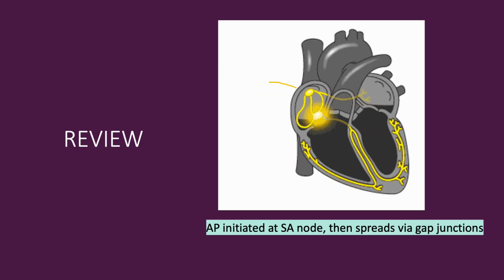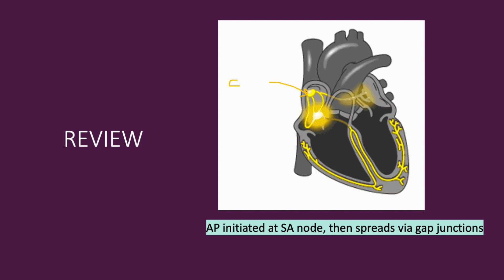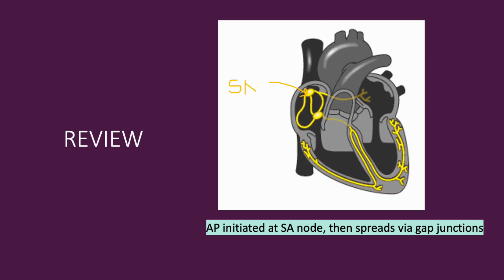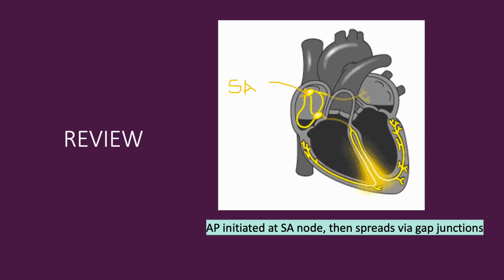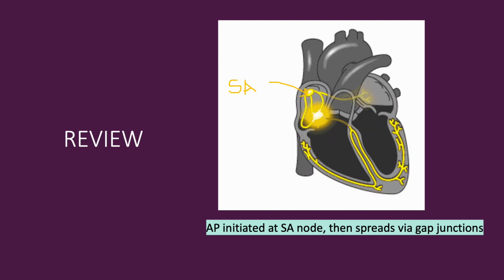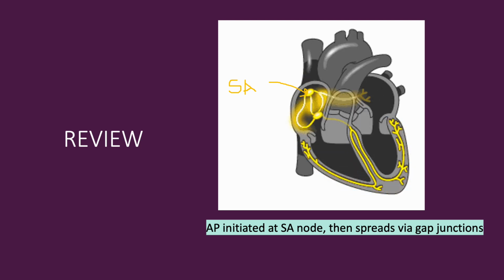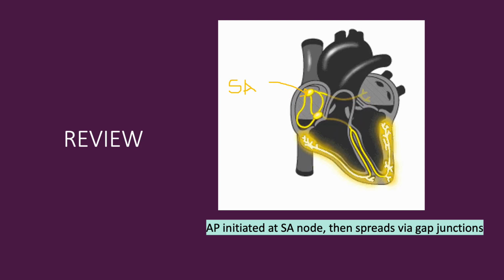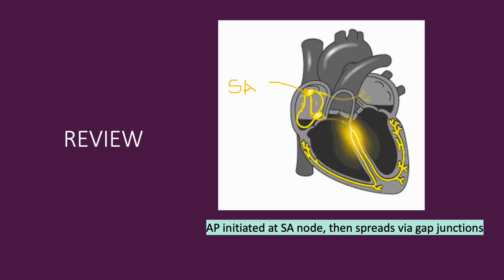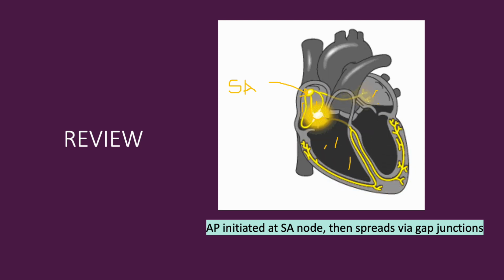And just to start putting this all together, remember we have this collection of autorhythmic cells at the SA node, the sinoatrial node, and that's where this whole contraction should kick off if everything's working normally within the heart, okay? And then via gap junctions, it's going to spread through all the other autorhythmic cells and through this conduction pathway, which is connected to all these other contractile cells within the atria and ventricles via gap junctions.